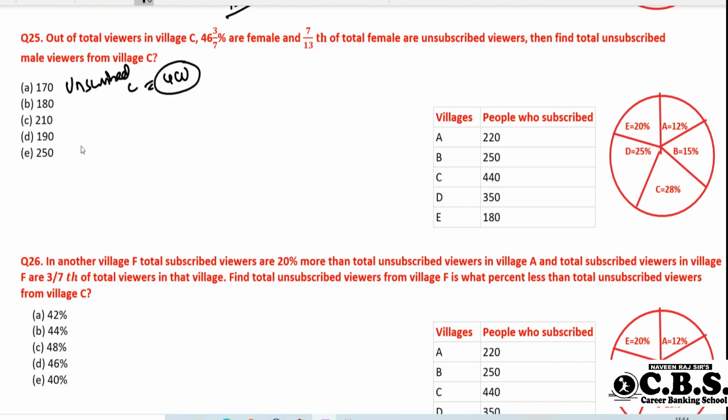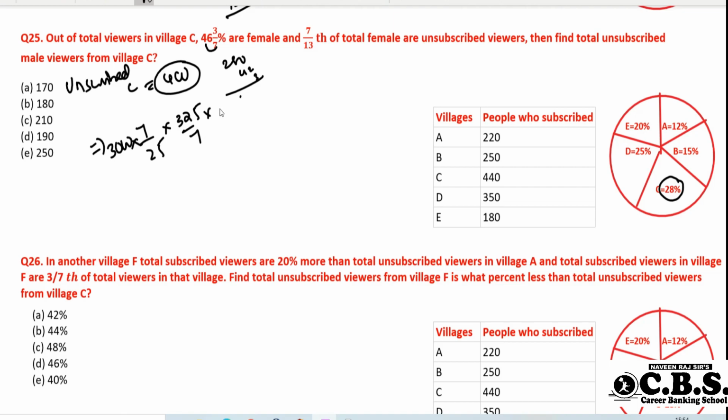So the total is 100%. This is 28%, so consider it as 7/25 upon 3000. This value is 325/7.